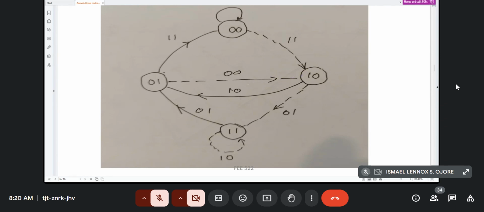I'm sure you have come across the state diagram in the past somewhere. This is 0 0, the other state is 0 1, the other is 1 0, and the other is 1 1.